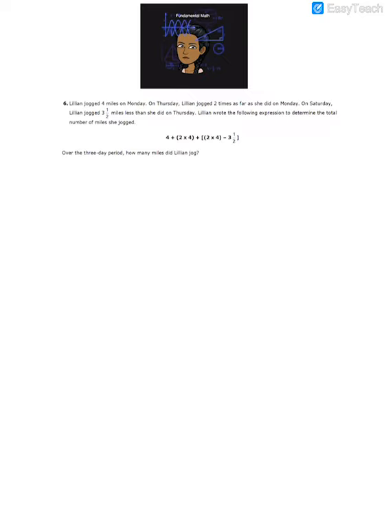So this is simplifying expressions using positive rational numbers. Number 6 says Lillian jogged 4 miles on Monday. On Thursday, Lillian jogged 2 times as far as she did on Monday. On Saturday, Lillian jogged 3.5 miles less than she did on Thursday. Lillian wrote the following expression to determine the total number of miles she jogged.